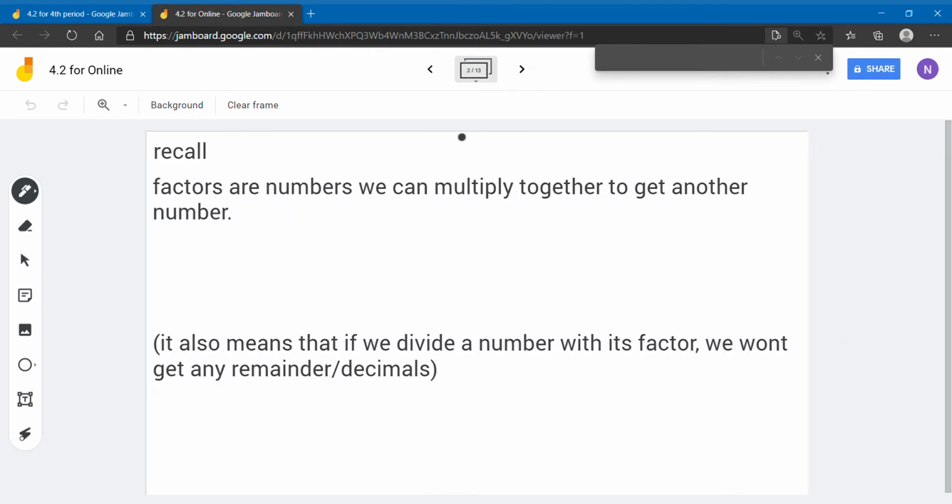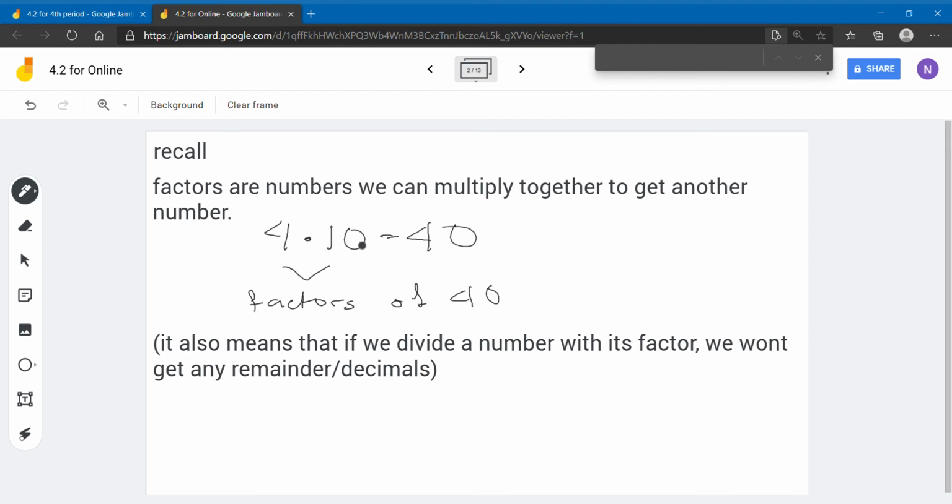So let's recall, factors are numbers we can multiply together to get another number. So 4 times 10 is equal to 40. 4 and 10 are what we call factors of 40. And here's the thing about factors. Factors also means that if we divide a number by its factor, we won't get any decimal or remainder.